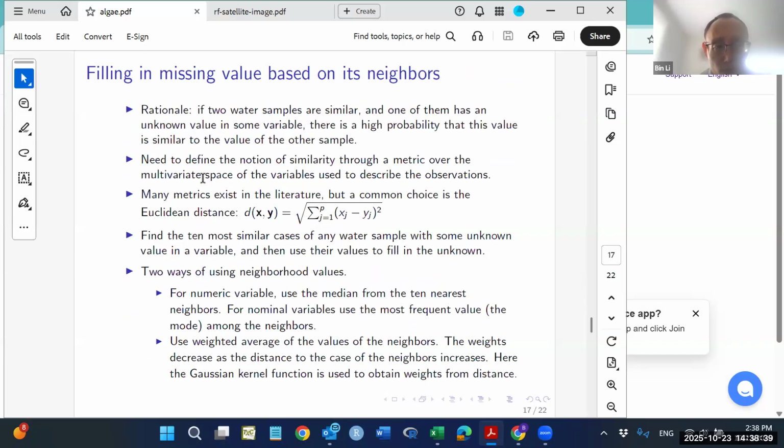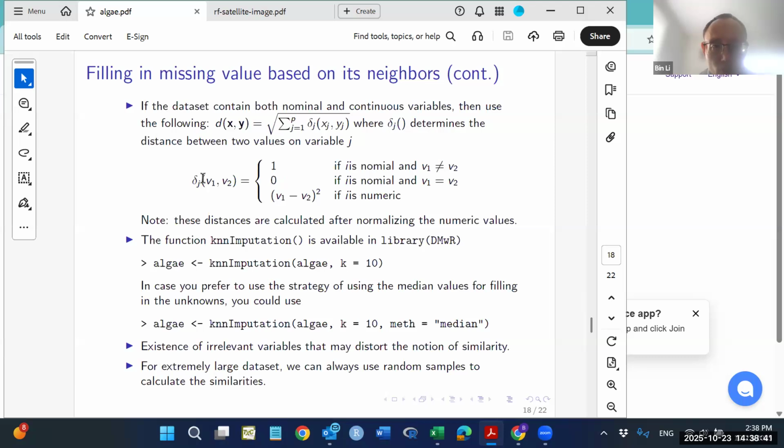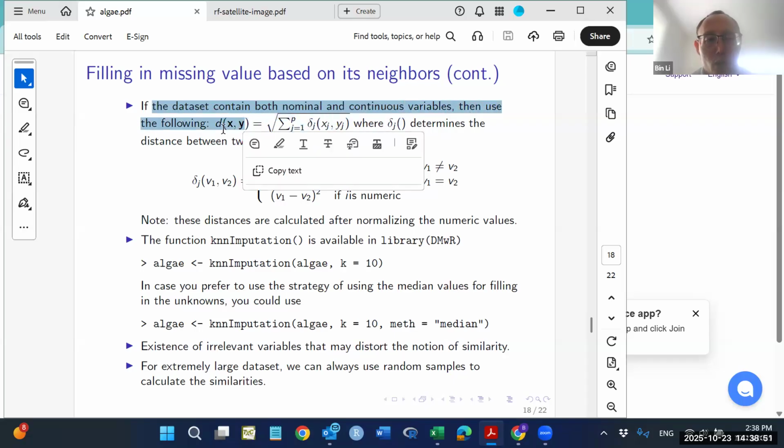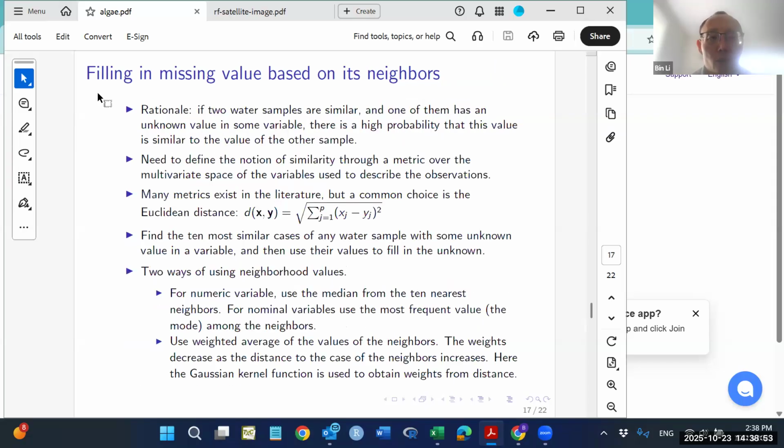The last one is we can also fill in the missing value based on its neighbors, if the data set contains both nominal and continuous variables. The rationale behind that is if two water samples are very similar, and you may ask, what does similar mean?